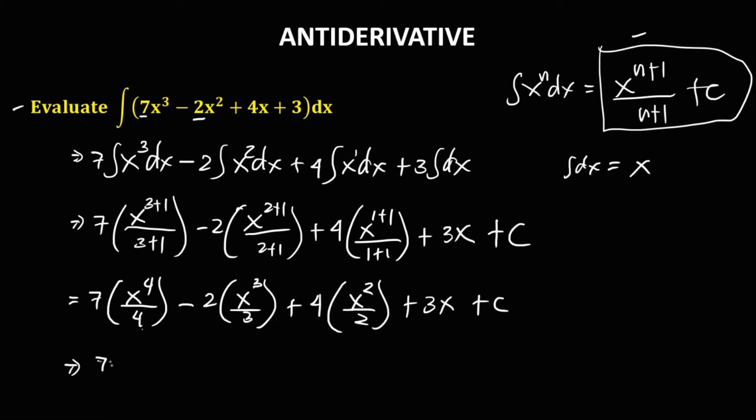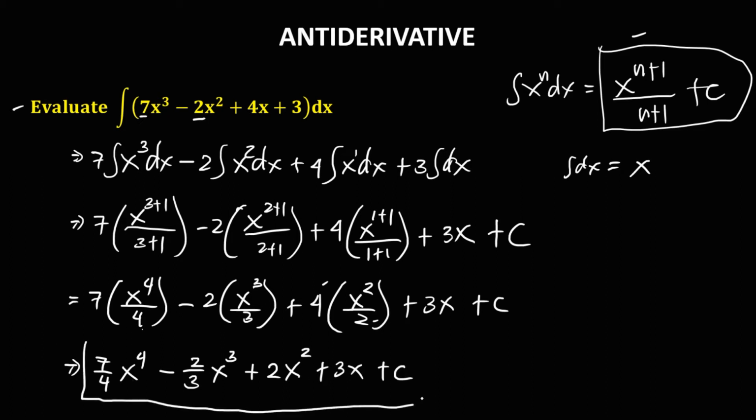Then we have now this 7 over 4, x to the power 4, then minus 2 over 3, x to the power 3, then plus, so this 4 divided by 2, that's 2, x to the power 2, plus 3x, plus c. So this is now the antiderivative of this integral.